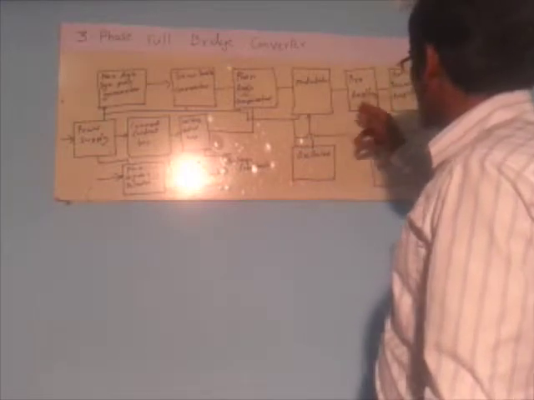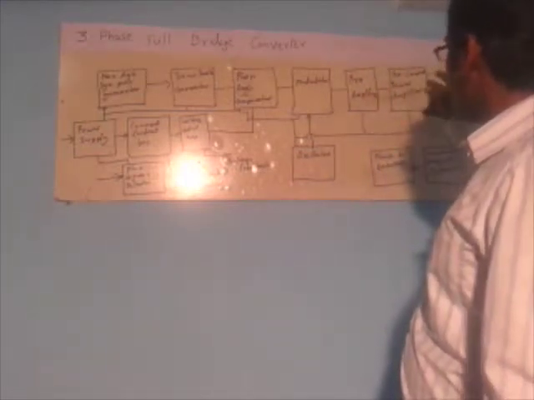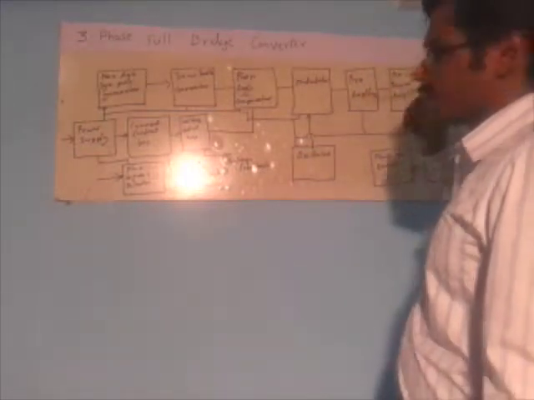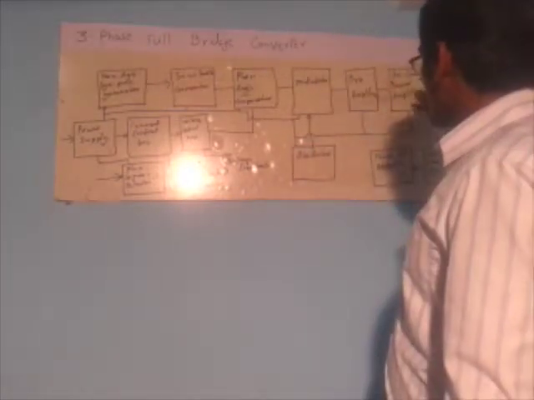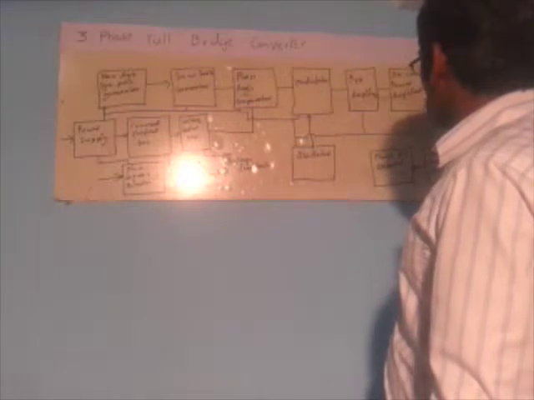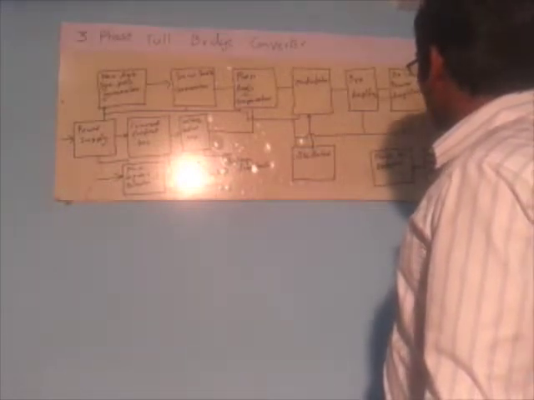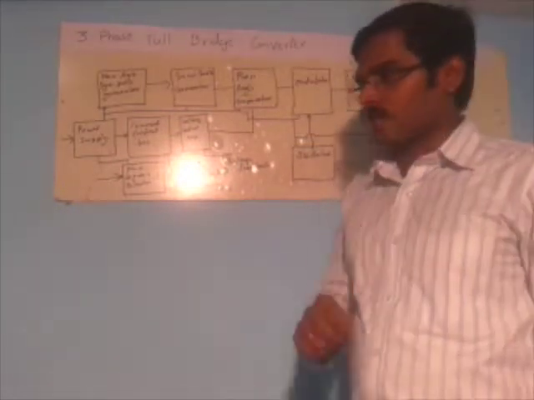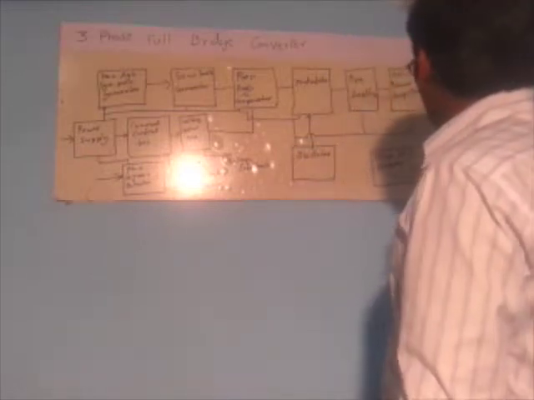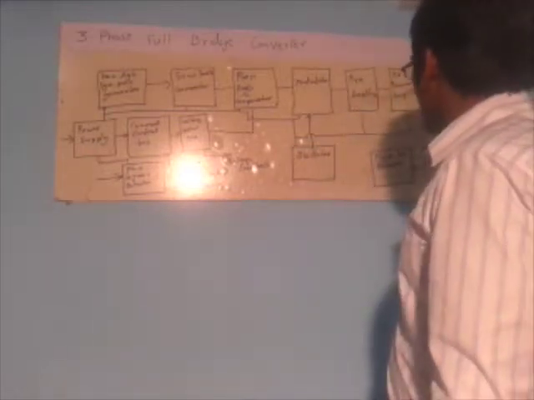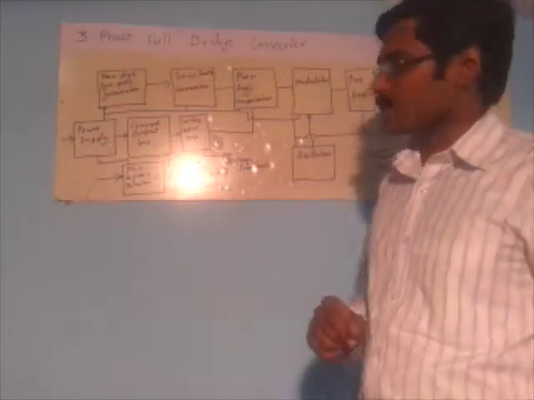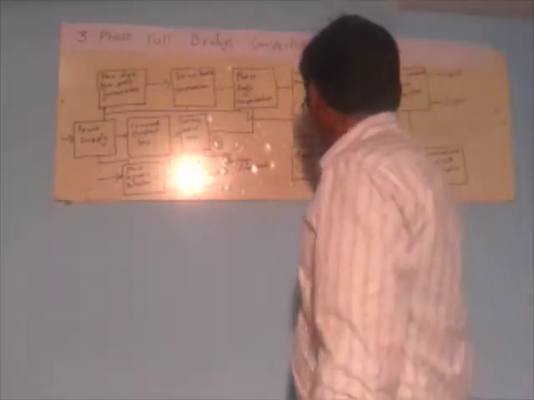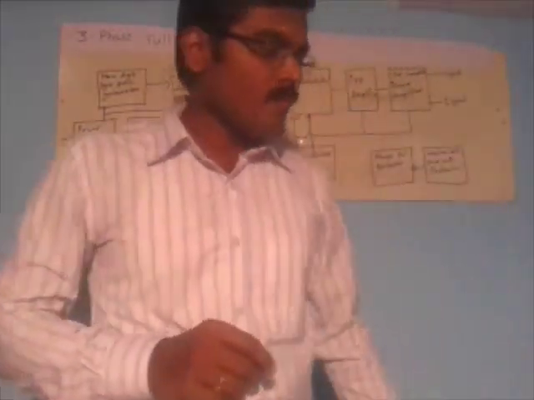After that, it goes to the input of a power amplifier, which is a transformer coupled power amplifier. Using the transformer, it will provide an isolated current pulse, and that current pulse is applied to the gate emitter terminal of the thyristor.